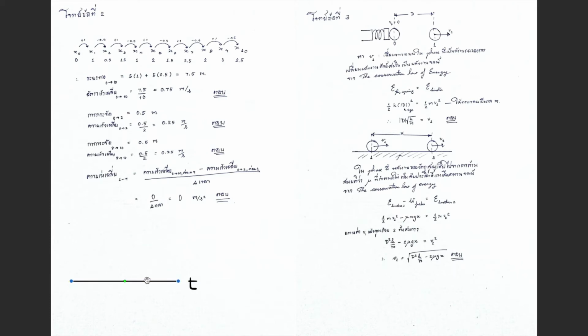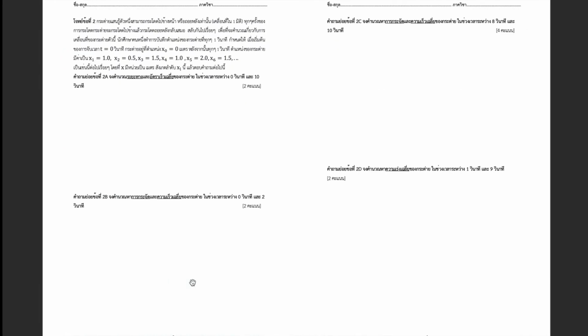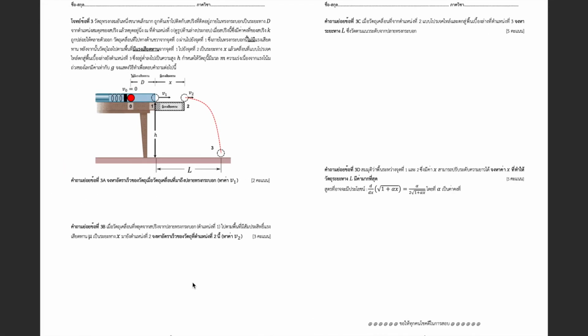So we are going to move to the hardest question of this test. This question will determine the understanding of the conservation law of energy, and some kind of two-dimension motion, the parabola and the projectile.